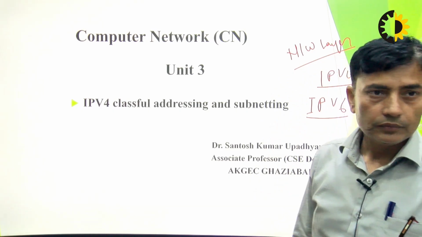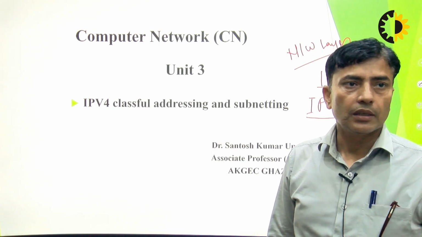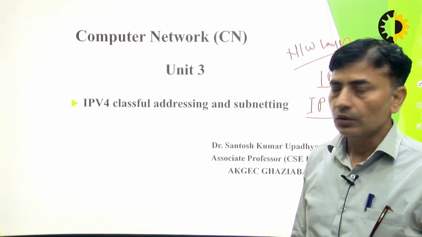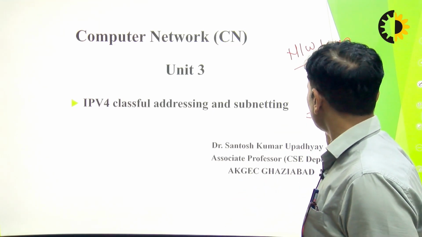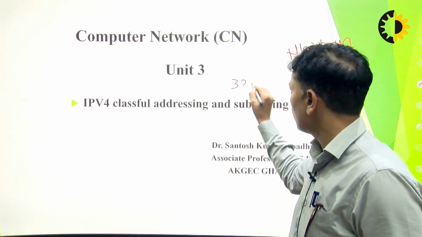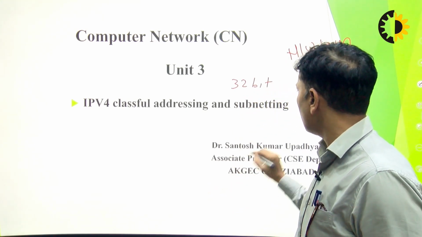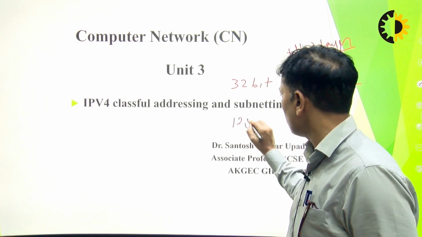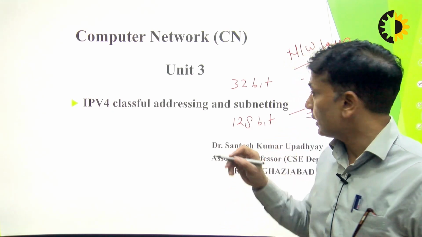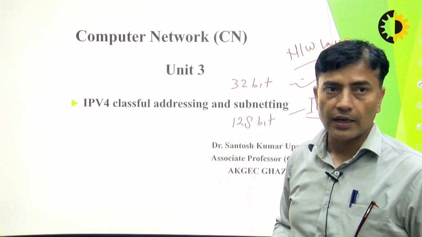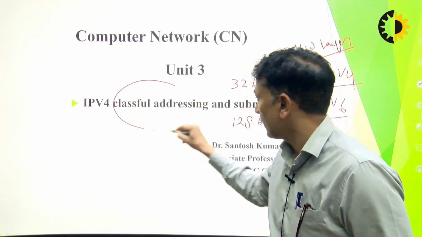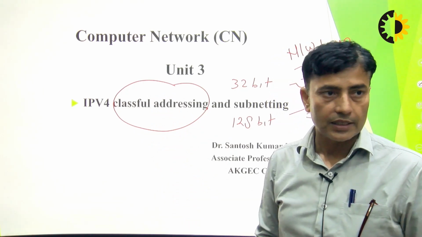IPv4 means Internet Protocol version 4 and this is Internet Protocol version 6. IPv4 basically uses a 32-bit address, and IPv6 a 128-bit address. So I am here to discuss this IPv4 32-bit address, what the 32-bit address is and what classful addressing is.